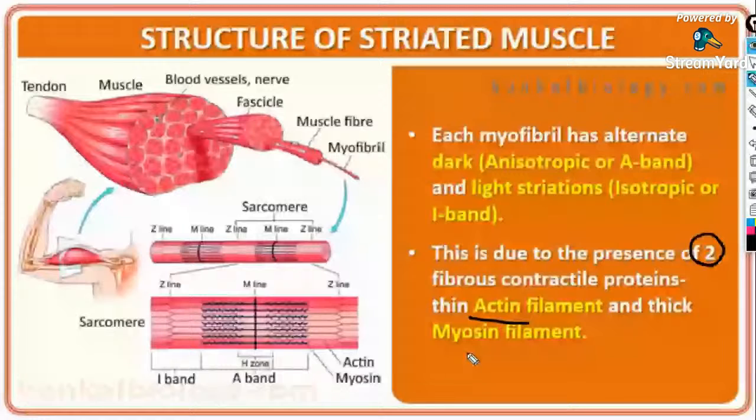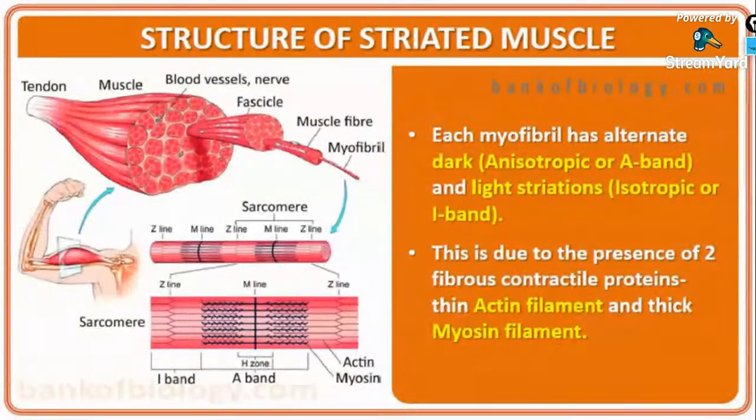So we have to study whether the dark band is made up of actin or myosin and whether the light band is made up of actin or myosin, which type of striations constitute actin and which constitute myosin. That is our aim for this day.